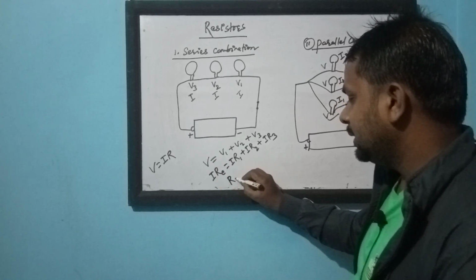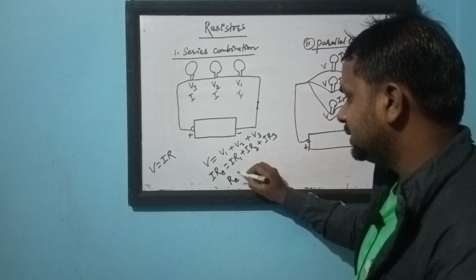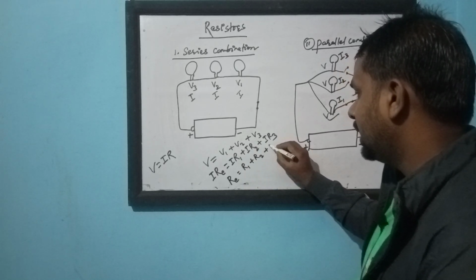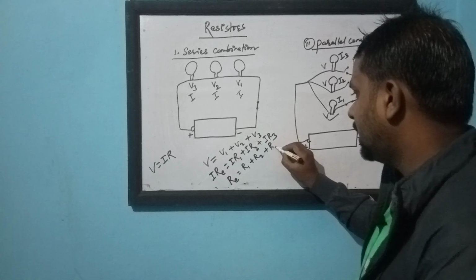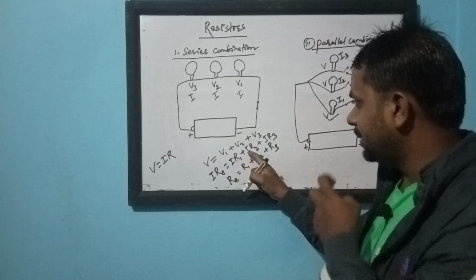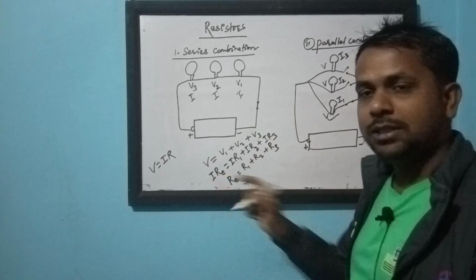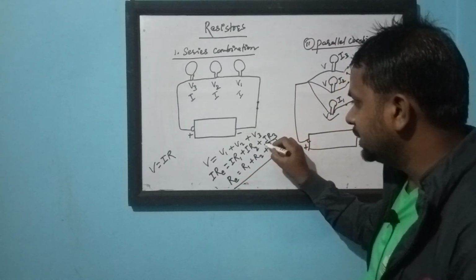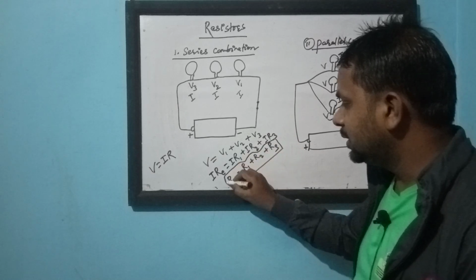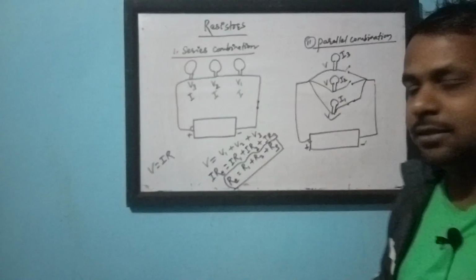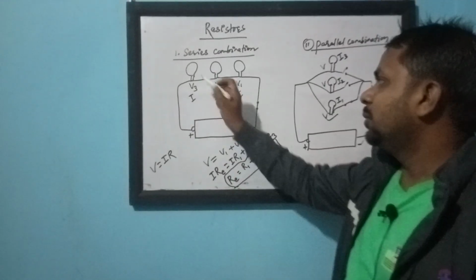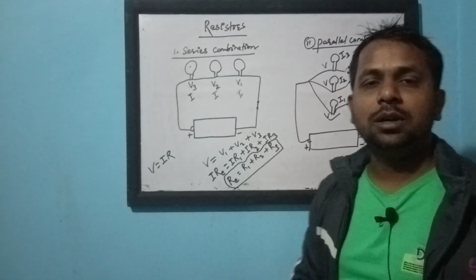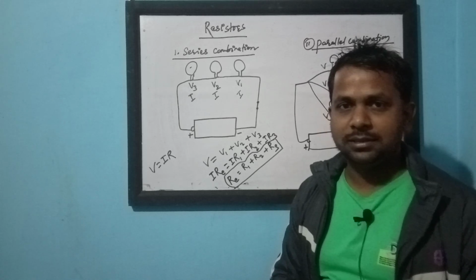So equivalent resistance R is equal to R1 plus R2 plus R3. This I we have taken common and cancelled. So if we have to find the equivalent resistance in the series combination, simply we will add the resistances, and that is the value of equivalent resistance.